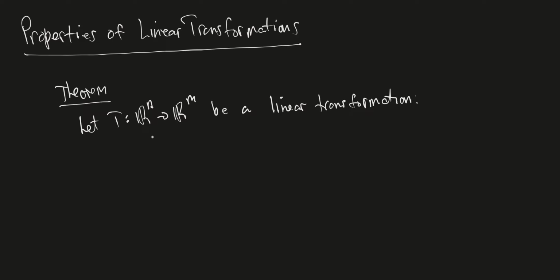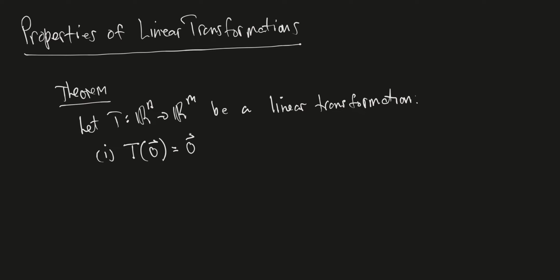One of the first important consequences is this: if you have a linear transformation and you try to find the image of the zero vector in Rn, then it turns out you are going to get the zero vector in Rm.